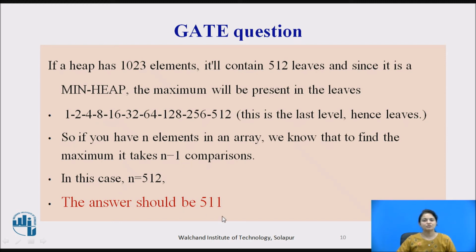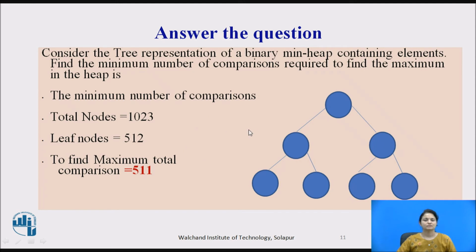So our answer will be 511. Here you can see the total number of nodes is 1023, leaf nodes are 512, and the number of comparisons is 511.